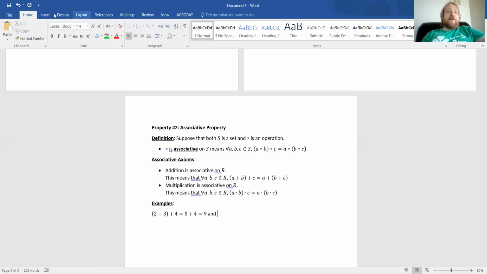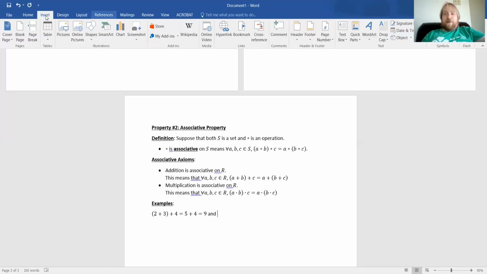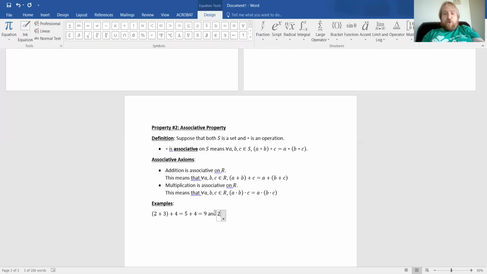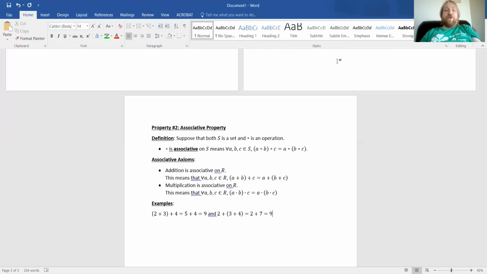But if we look at it the other way, 2 plus the quantity 3 plus 4 equals 2 plus 7 equals 9. So notice that it didn't matter whether we parenthesized the 2 with the 3 and added those two first, or whether we parenthesized the 3 with the 4 and added those two first. We ended up getting 9 either way.